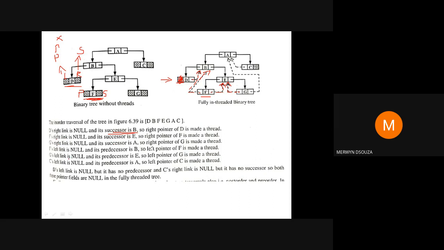G's predecessor is E. Similarly, for G's successor, if there is a successor, you need to find it. The successor for G is A. So you're going to draw from the right side a pointer to A.